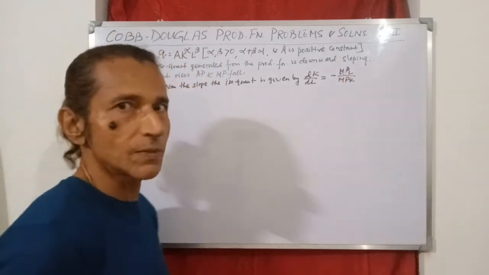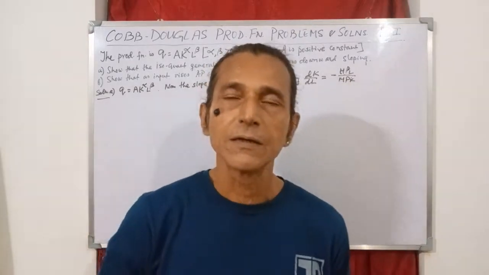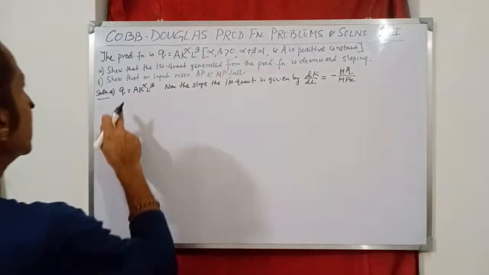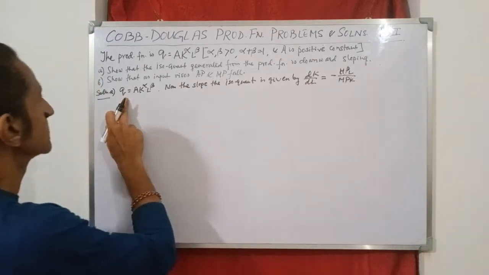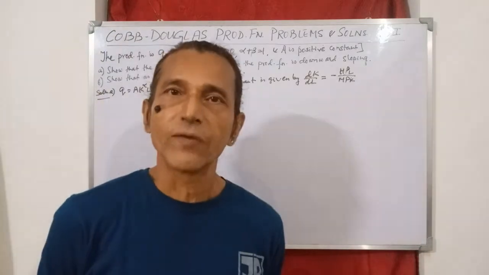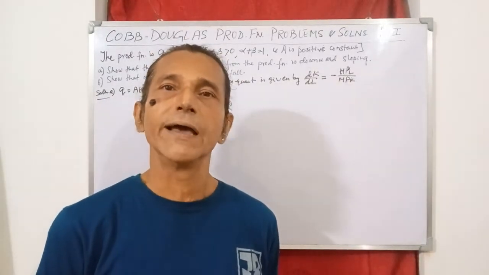The slope is minus marginal productivity of labor divided by marginal productivity of capital. Now we differentiate the production function, first with respect to L, to find out the MPL, and then with respect to K, to find out MPK.